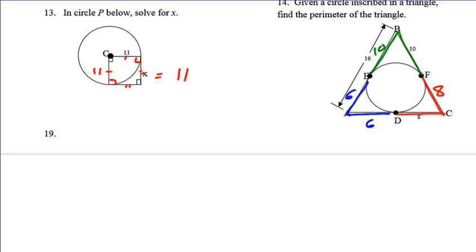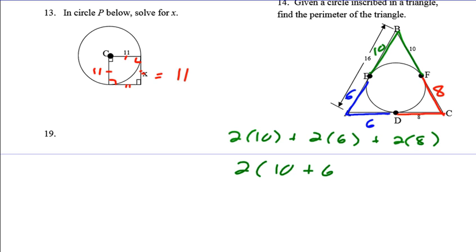Personally, I would say that we have 2 10s, and 2 6s, and 2 8s, which would mean we have 2 of 10 plus 6 plus 8. 10 plus 6 plus 8 is 24. So the perimeter is 48. But if you have a calculator, you could probably do that just as fast, if not faster.